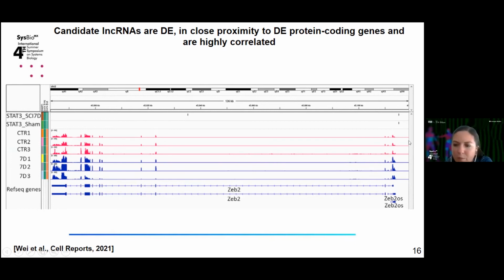When we look at the RNA expression, we see that both CEB2 and CEB2OS are changing. For example, CEB2 is increasing and CEB2OS is also increasing.